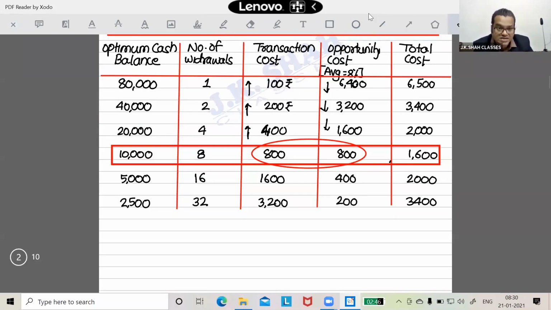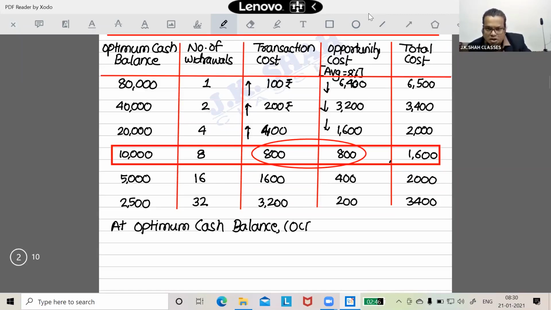So where does the optimum cash balance come? We need to understand that at the optimum cash balance, I'll call it OCB, what happens? The transaction cost becomes equal to the opportunity cost.